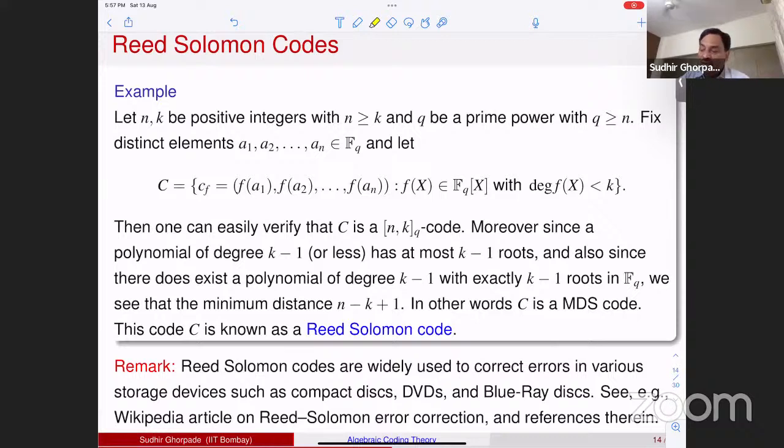And it's again a nice, simple-minded construction coming from algebra, and one nice way of constructing MDS codes. So let me explain what that is. Let us take n and k to be any positive integers, n larger than or equal to k.